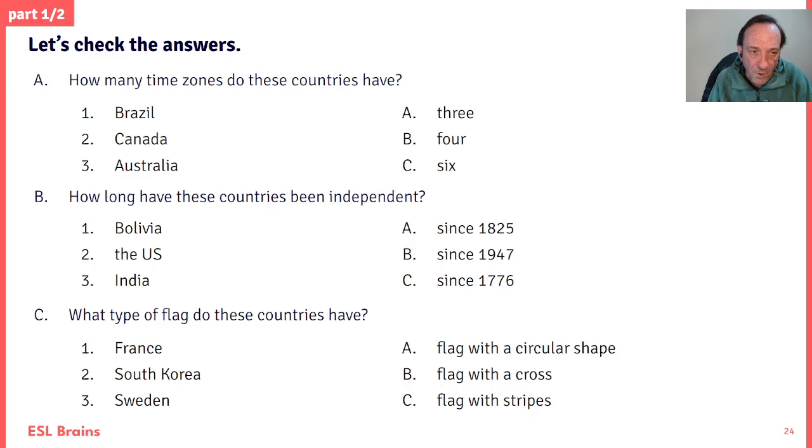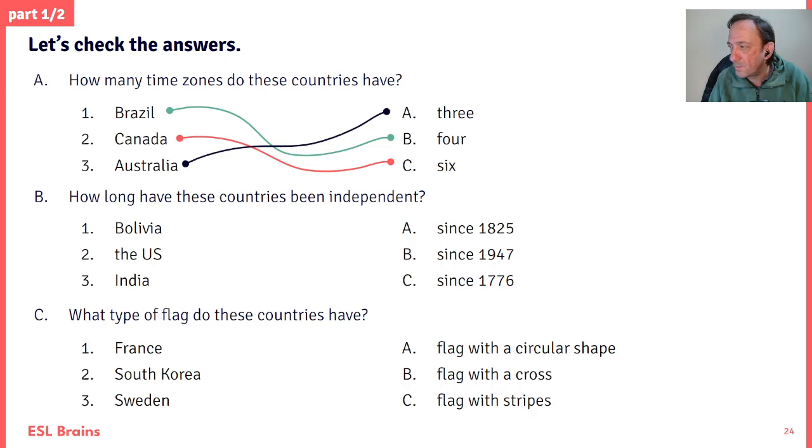Okay. Brazil, Canada, Australia. I think Canada has the most, maybe? Maybe Brazil second, Australia third. So Brazil 4, Canada 6, Australia 3. Boom. How long have these countries been independent?